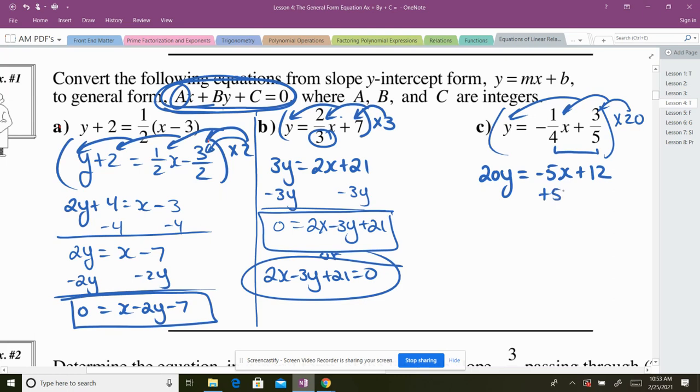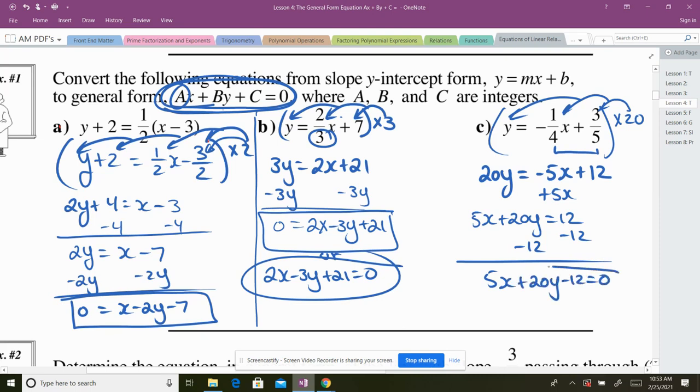So I'm going to add 5x. So I get 5x plus 20y is equal to 12. How do I get rid of the 12? Subtract 12. So then I've got 5x plus 20y minus 12 is equal to 0.